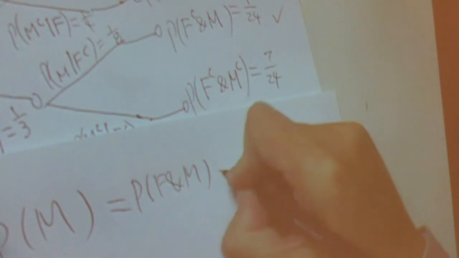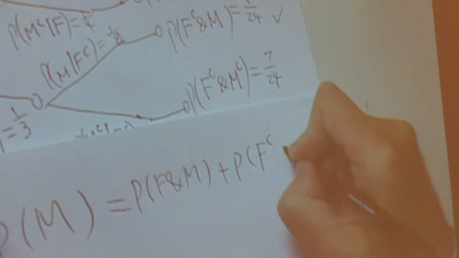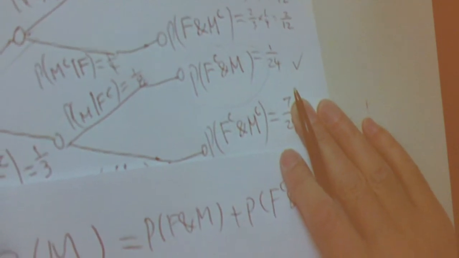Remember that rule? We call it the addition rule. Like if A and B are disjoint, then P of A plus P of B equals P of A or B. So here, you can write P of F and M plus P of F complement and M, which is this probability plus this probability. Everybody follows?